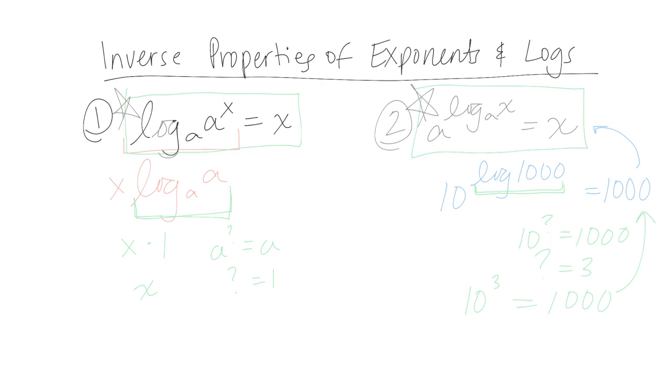Now I'm actually going to start solving, and I am going to have to use all these properties. So here's our first example. We are going to solve 4 to the 3x equals 8 to the x plus 1.